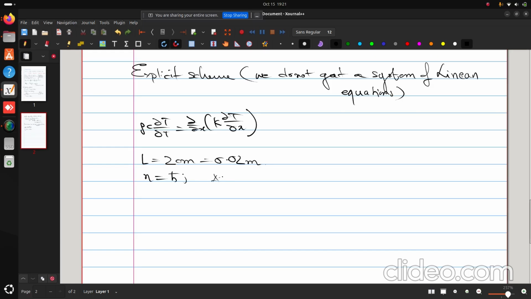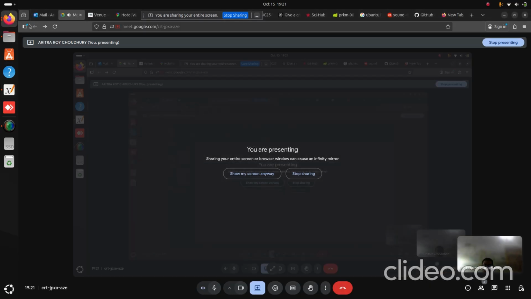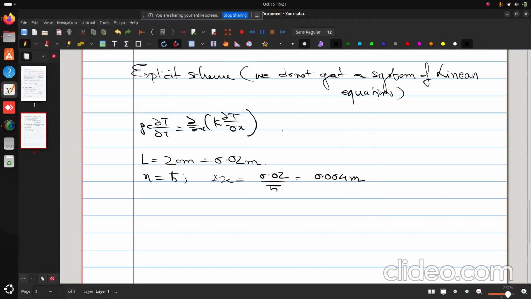So we have delta x equal to 0.02 divided by 5, which is nothing but 0.004 meters. Okay, and we need the value of k. Let's just keep it as it is for now.